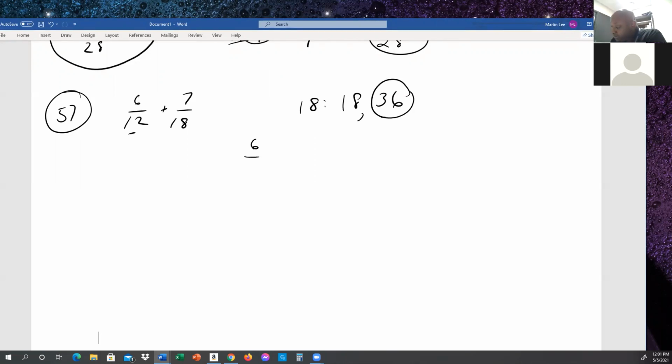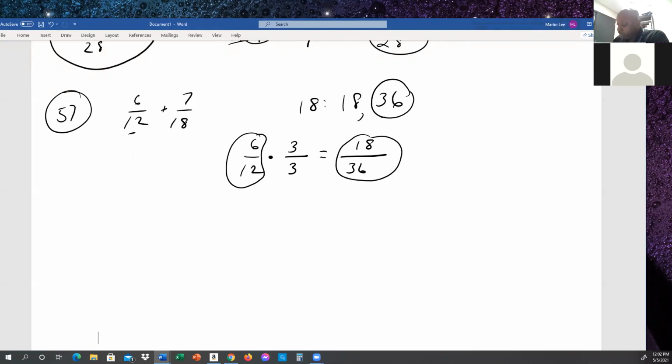So we need to change 6 over 12 so that it's a fraction whose denominator is 36. I'm going to have 3 and 3, and then 6 times 3 is 18. So those two fractions are equivalent.